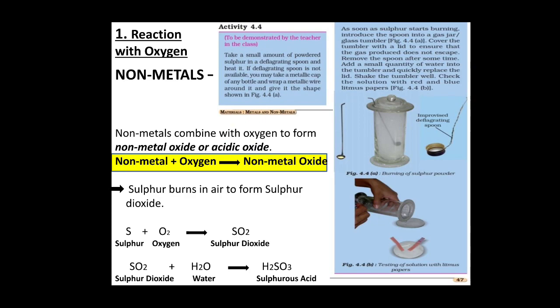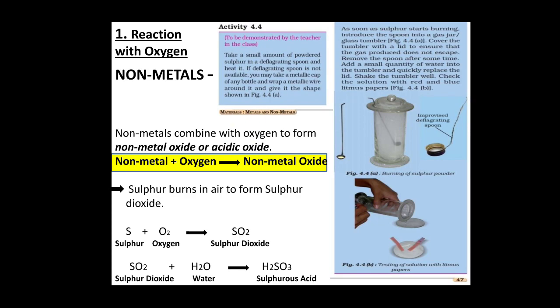We have to take a small amount of sulfur in a deflagrating spoon and heat it. Okay. If a deflagrating spoon is not available, you may take a metallic cap of any bottle and wrap a metallic wire around it and give it the shape just like shown in picture 4.4a, just see right hand side. Okay.